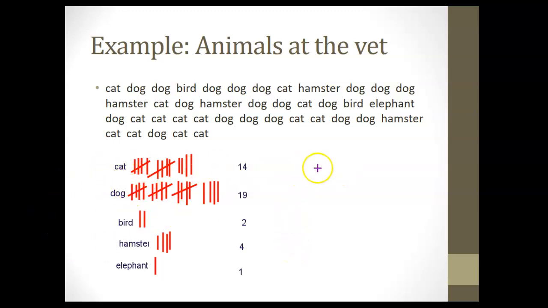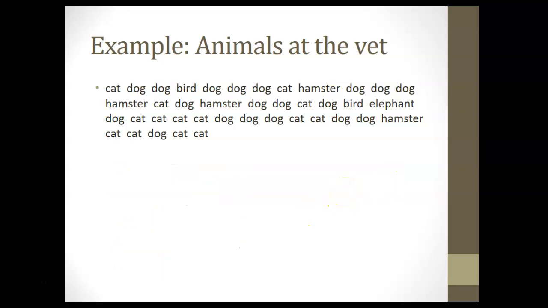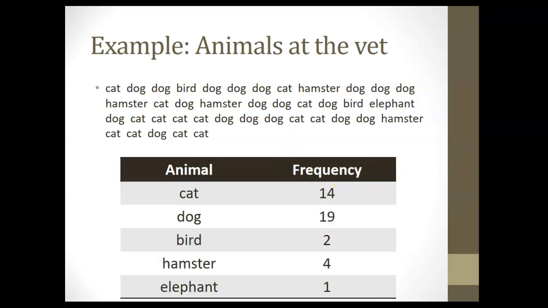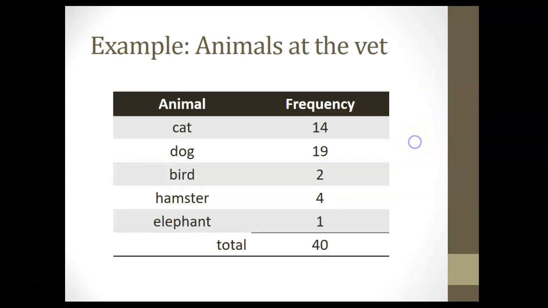So, arranging this nicely in a frequency distribution, here's what it looks like: the list of the animals with the frequency for each one. And if we add these all together, 14 plus 19 plus 2 plus 4 plus 1, it's a total of 40. So out of those 40 animals, 14 were cats, 19 were dogs, and so on.